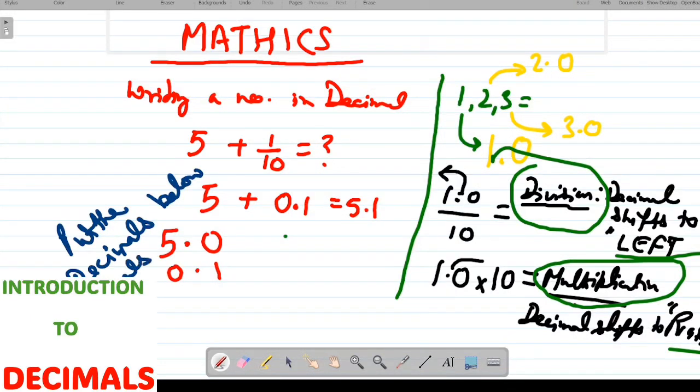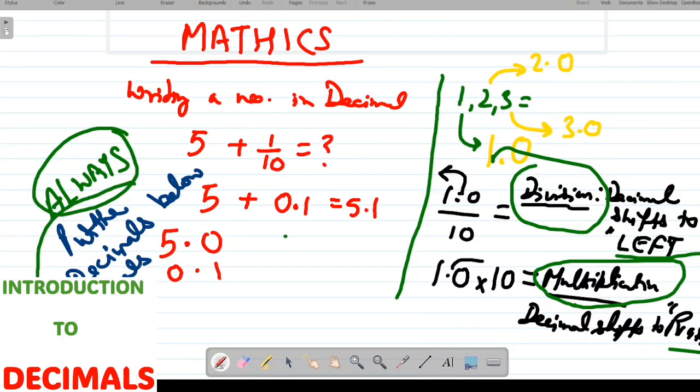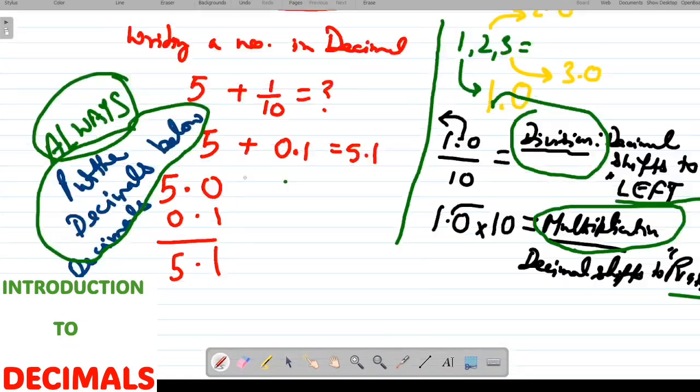And this is always, okay, this is not a one-time case. This needs to be kept in mind, and this has to be done always, right? You have to follow this rule. So here 5.0 is added with 0.1. What will be the answer? Tell me, students. 5.1. Good.